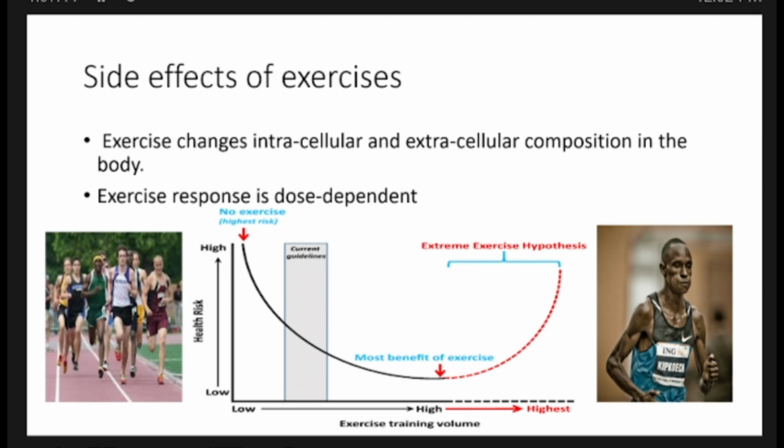When we talk about exercise, this is a very important curve. If you are not doing any exercise, there's a high health risk, but within the current exercise guidelines the risk is lower. When we do more than that, you increase the health risk.